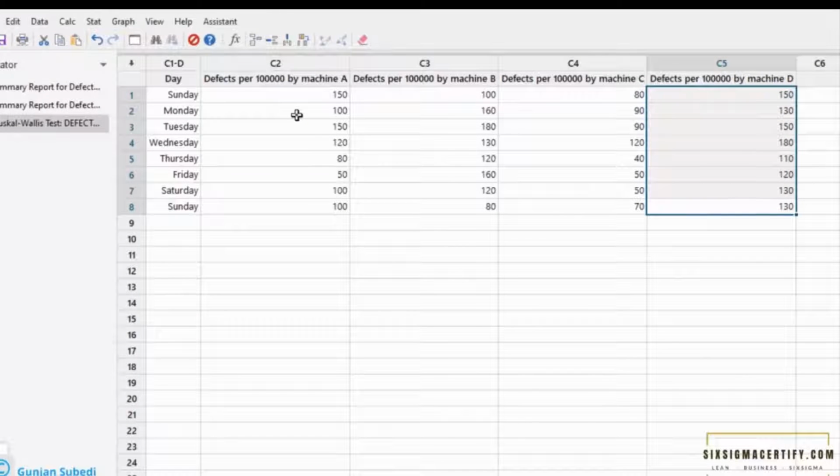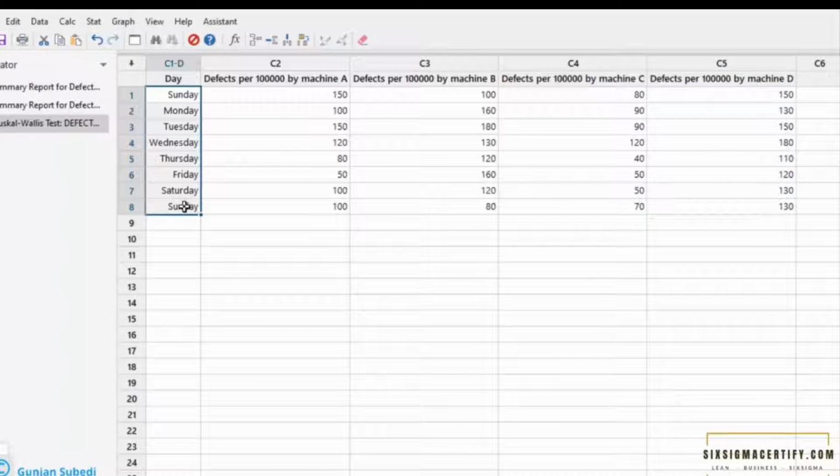With this example here, we are going to learn about the Kruskal-Wallis or one-way non-parametric ANOVA. So Kruskal-Wallis is also called the one-way non-parametric ANOVA. Here in this example, we are studying the defects produced by 4 different machines: Machine A, Machine B, Machine C and Machine D. And we are counting the defects per 100,000 parts produced.